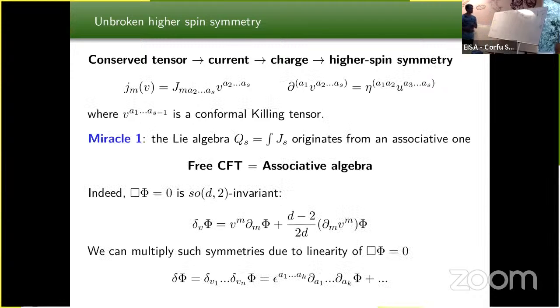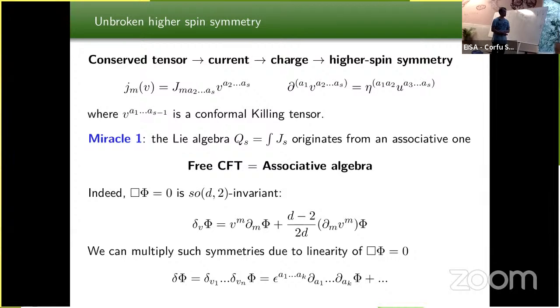But there is something special, called miracle 1, that happens for these higher spin currents. So we know that if you have a charge, you can commute the charge and get, well, probably another charge. So they form some Lie algebra. But what's special here is that, in fact, this Lie algebra originates from some associative algebra. So in fact, the structure is stronger. And the simplest way to understand this is just to look at the equations of motion, say this Klein-Gordon equation. We know it's conformally invariant.